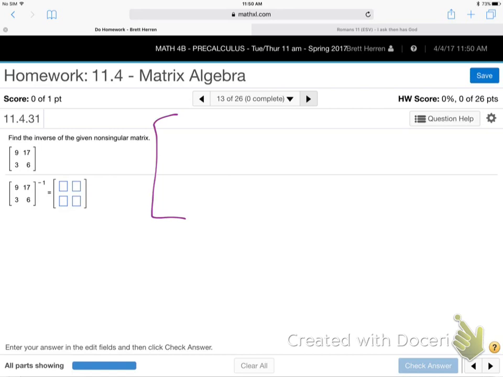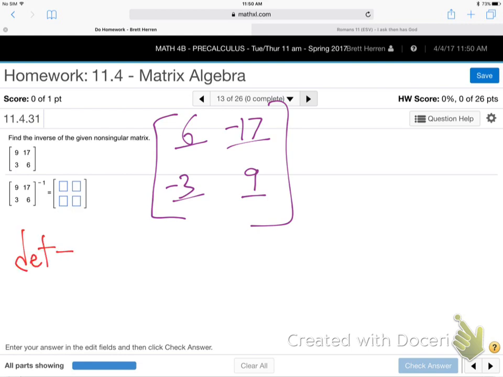Find the inverse: switch the main diagonal, change the signs on the other, and divide all four by the determinant. And what's the determinant? We good so far?